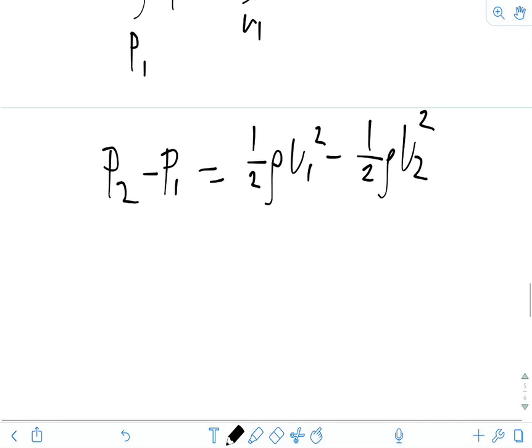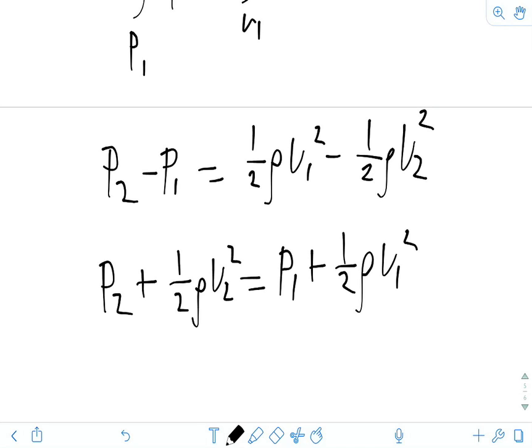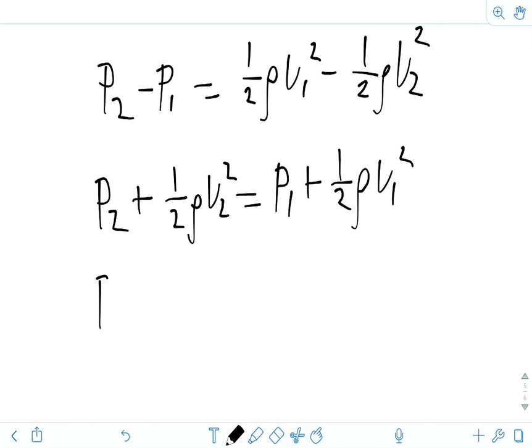We can sort this out to be p2 plus 1/2 rho v2 squared equals p1 plus 1/2 rho v1 squared. Or we can write this as p plus 1/2 rho v squared equals some kind of constant along a streamline.